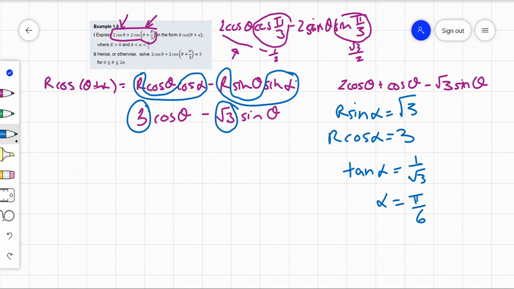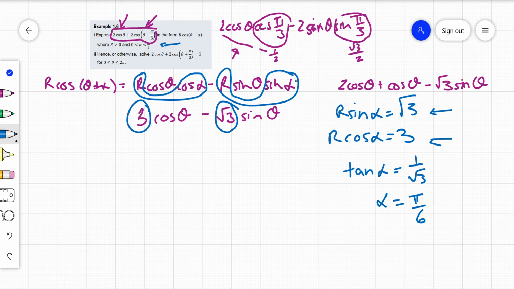It does say in this question we want alpha between 0 and pi on 2, so we're all good there. For r, remember we could square each of these equations and add them together, because we'll get sine squared plus cos squared equals 1. Or you can just look at the coefficients.